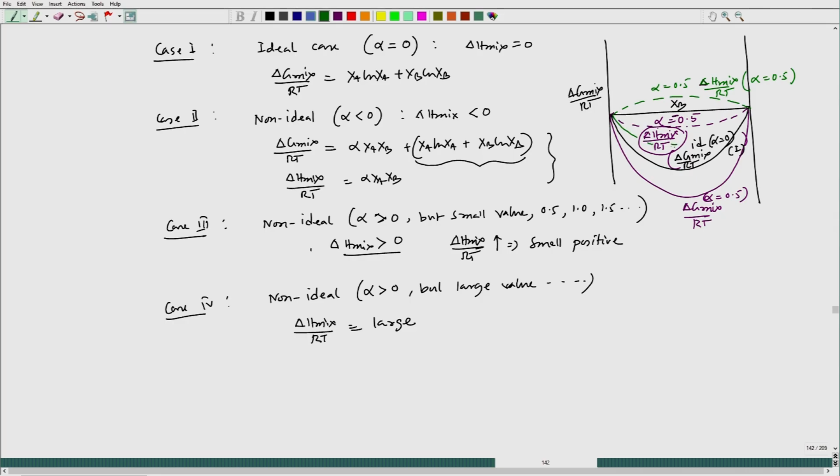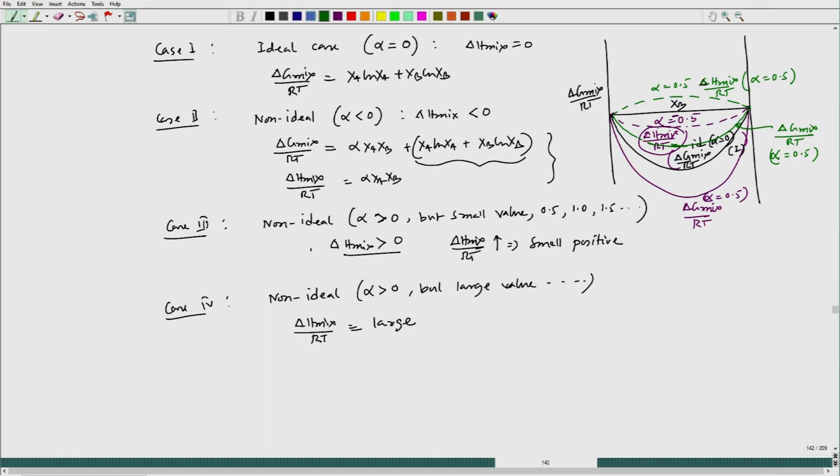So, let us say this is my plot. So, this is the other one. This is nothing but the green one, the solid green one, is delta Gmix by RT when alpha equal to 0.5, which is plus, fine.